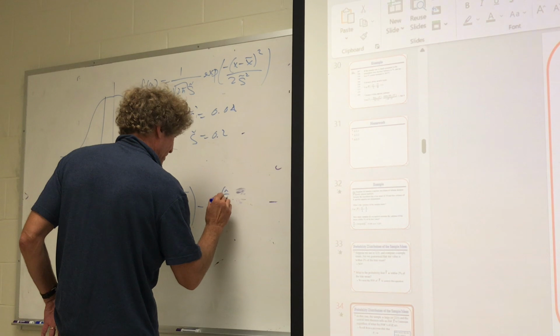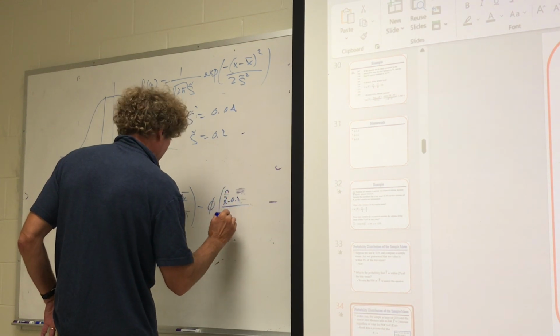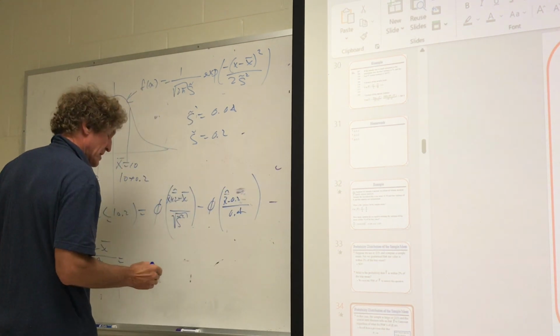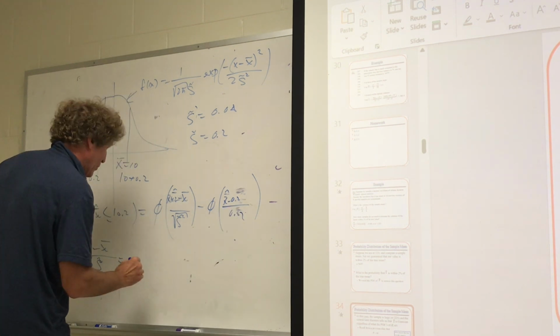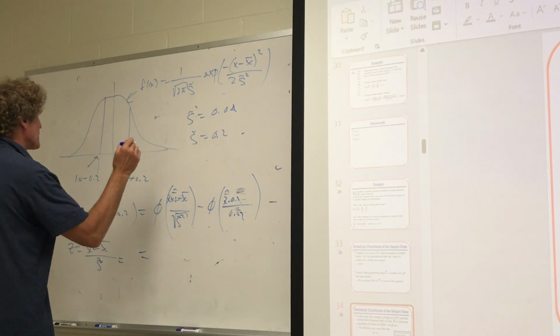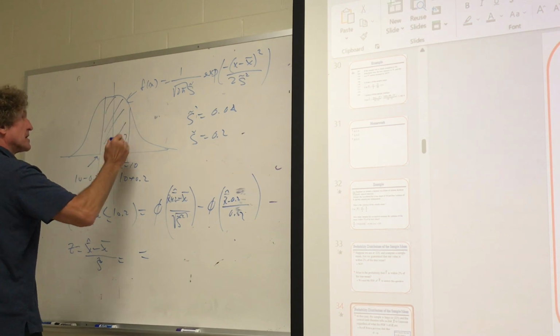This is x bar minus 0.2 over 0.2. Now, the only thing we're doing is getting this area from this function.